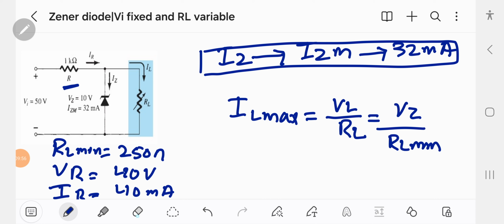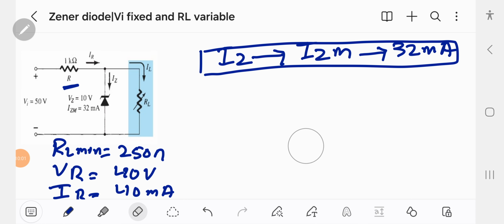So this is the value, but we do not consider the IL maximum value in this equation.